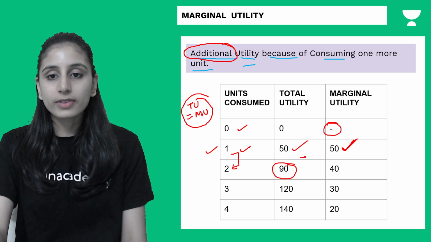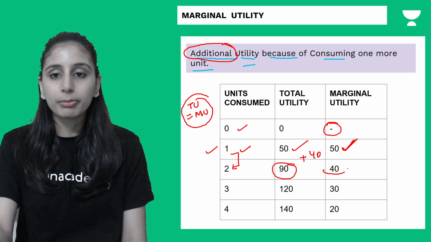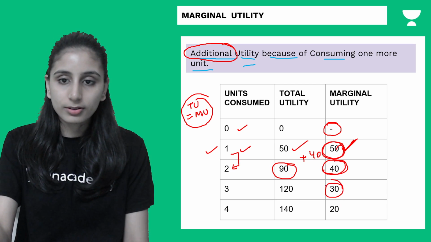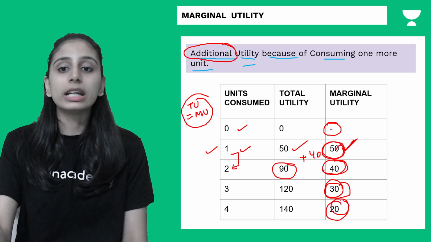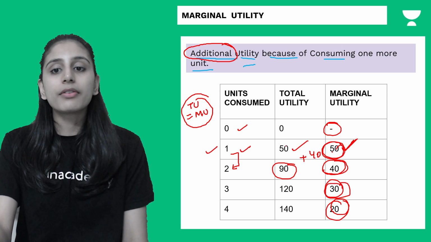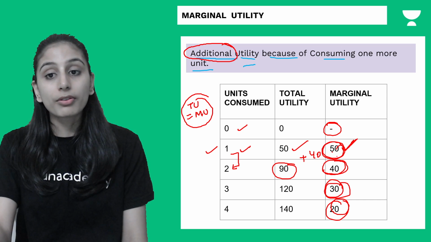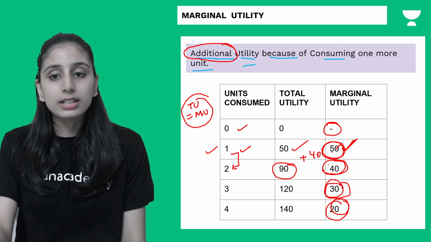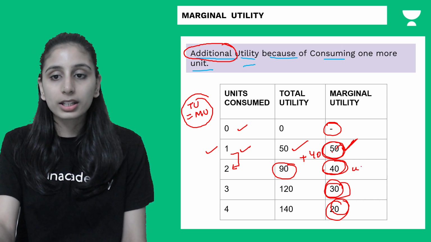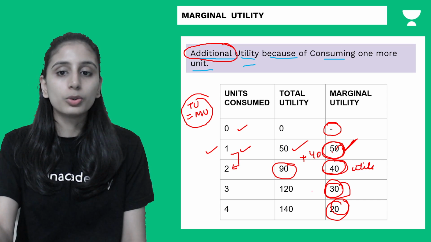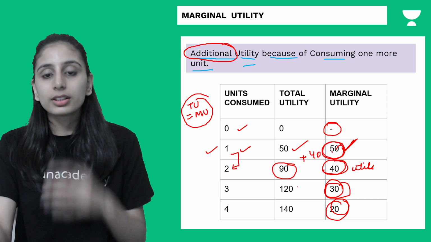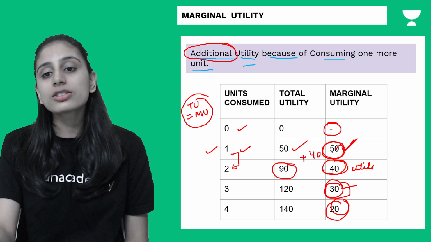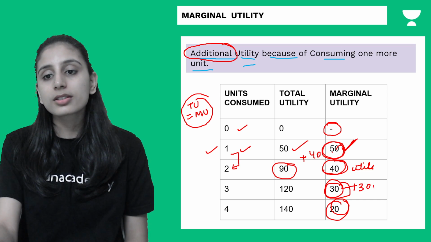And when we consume another unit, the second unit, we get a satisfaction of total 90, but जो additional satisfaction होती है वो 40 होती है, जो यहाँ पे भी है, right? So these are the additional satisfactions. ठीक है, जो हर एक figure है वो additional है. This 50 is after consuming first unit, I got 50 satisfaction. By consuming second unit, I got additional satisfaction of 40 utils. ठीक है, this again is in utils. And by consuming third unit or third apple, I got additional satisfaction of 30 utils.